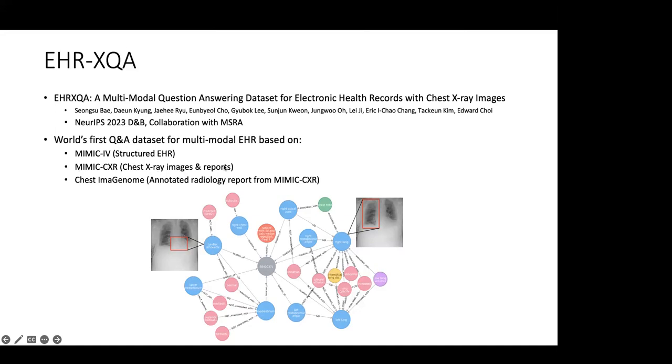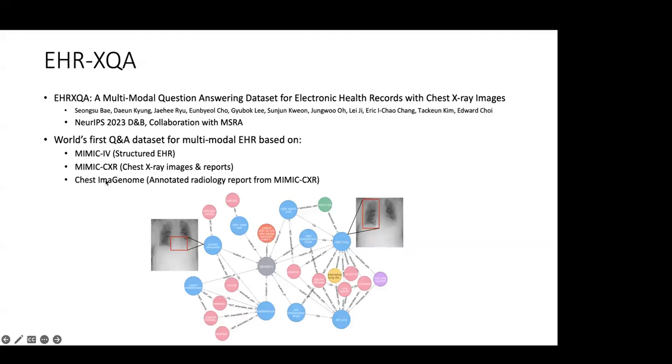It's a dataset that has these pairs. And thankfully, you can link each image to a subject, the patient, in MIMIC-IV. So you can have a time series of all the events, and it also has X-rays from time to time. So you can build a multimodal question answering dataset on top of this.